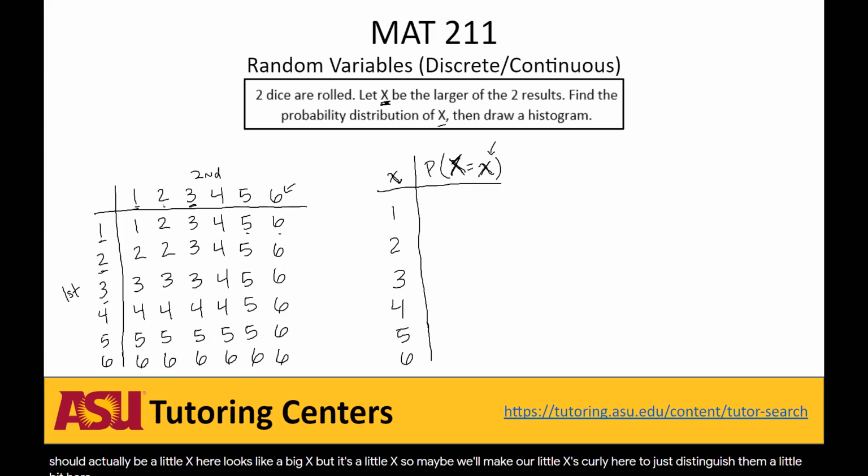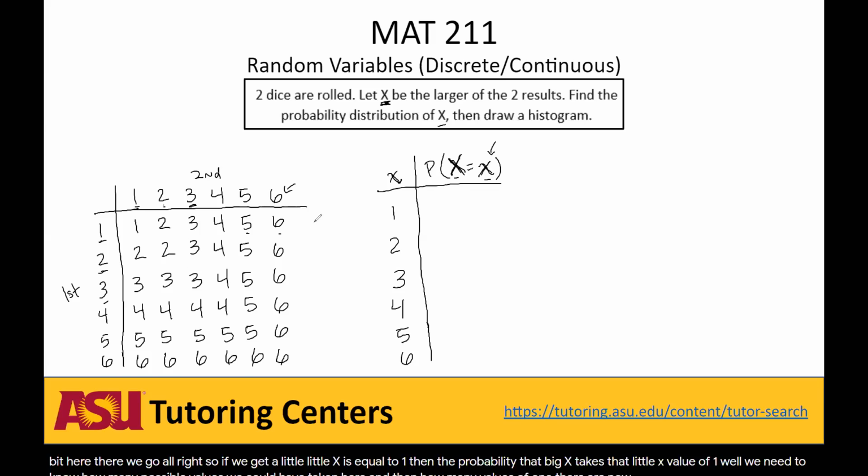There we go. All right. So if we get a little x equal to 1, then the probability that big X takes that little x value of 1, well, we need to know how many possible values we could have taken here, and then how many values of 1 there are.